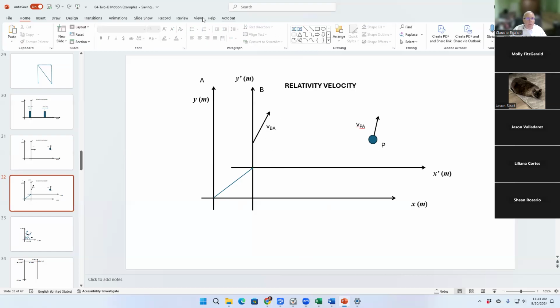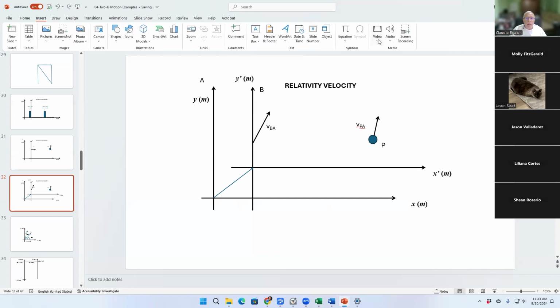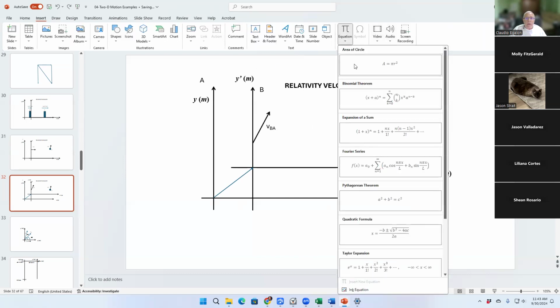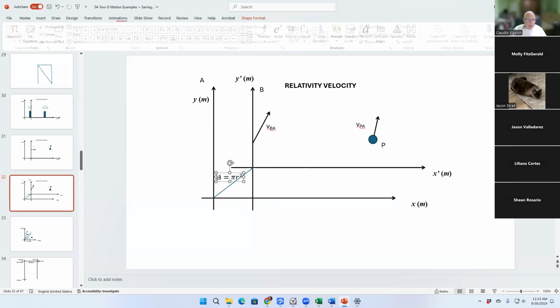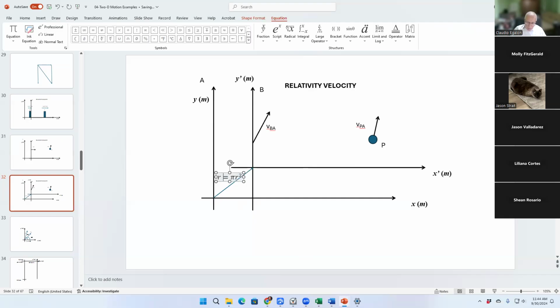Okay, let's do that again. Equation, yeah, here you go, now I got it. That's going to be my vector position of B with respect to A. But then I still have to put the vector equals vector.